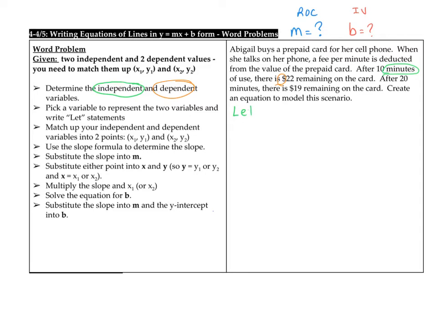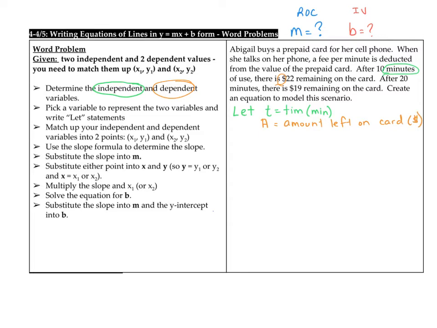So you could use x for the independent, or you could use t. T is equal to the time in minutes. And for the dependent variable, we can say A for amount left on card. And the unit is dollar signs.